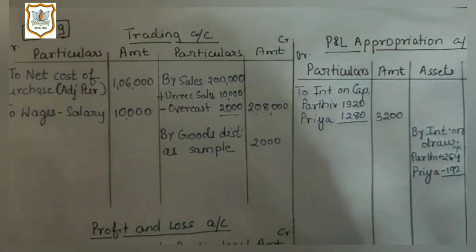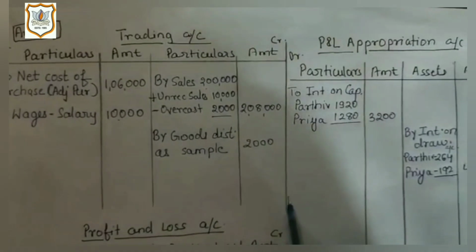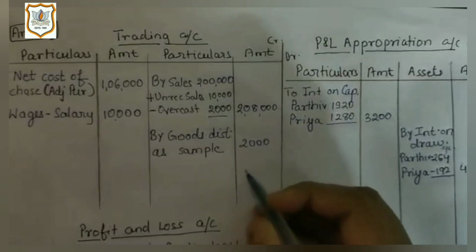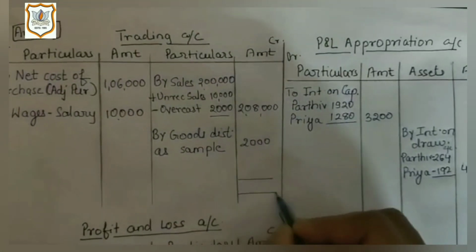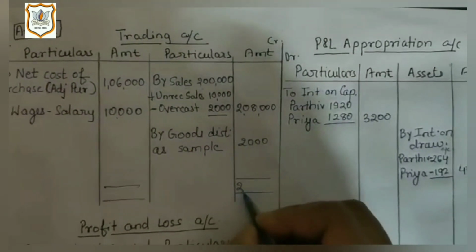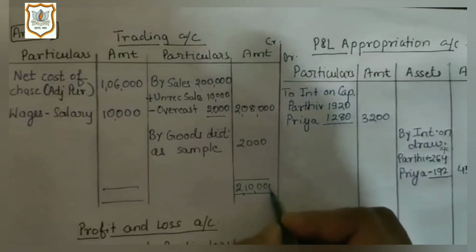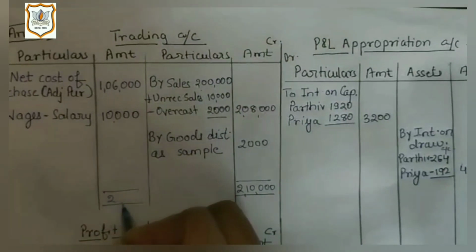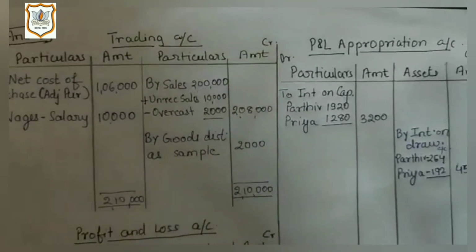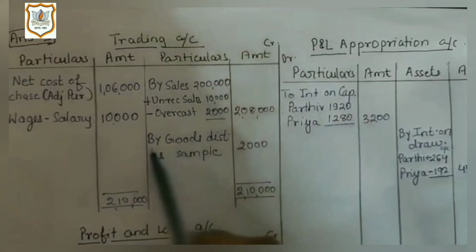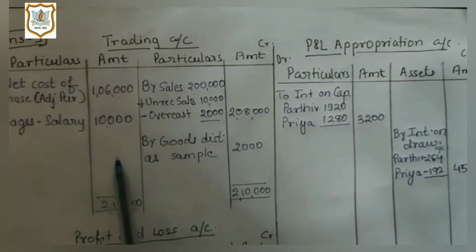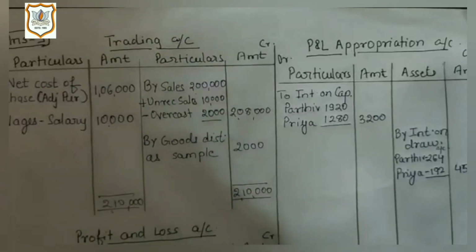Now here we have done all adjustments. Now first we will close trading account in order to get gross profit or gross loss. Here credit side total is more, that is 2,10,000. We will write it on both the sides. And as credit side total is more, obviously difference will appear on debit side, which will be called gross profit, which we will transfer to profit and loss account.